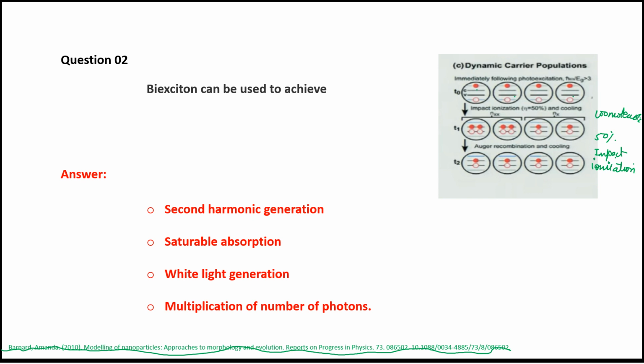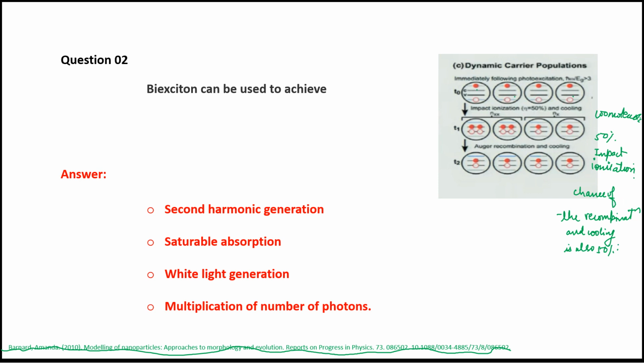And the second thing is the chance for recombination and pooling is also 50%.